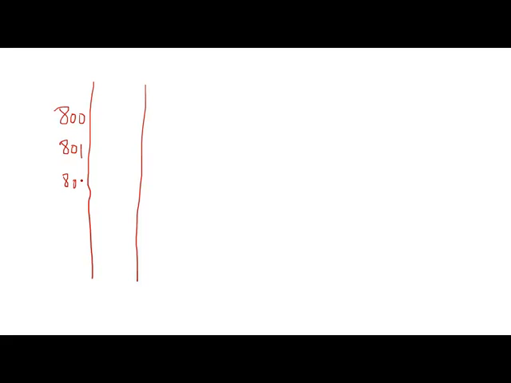Okay, and I have 802, 803, and so on, and I can show the A here, by which I mean the ASCII code for A, but it's easier for us to look at it like this, and then I have P, P, and then L, and then E, and then 0. Okay?